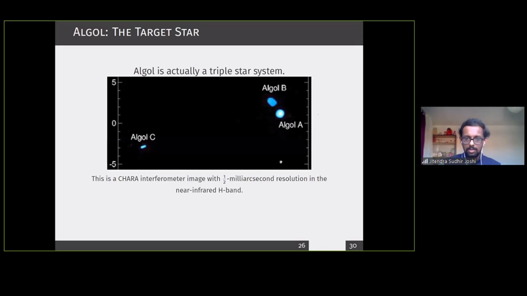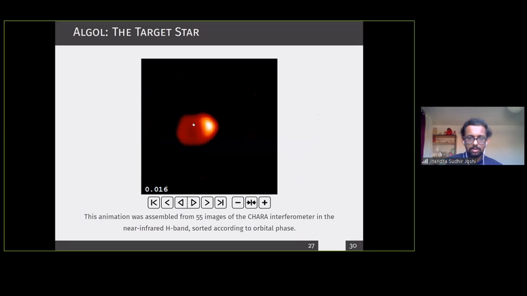Algol is basically a triple star system, but we only see the eclipse of Algol A and Algol B. And this image was taken from an interferometer in, I guess, California. Again, the same interferometry made this small animation to help you understand how brightness changes.